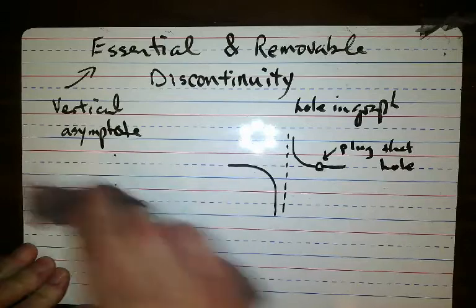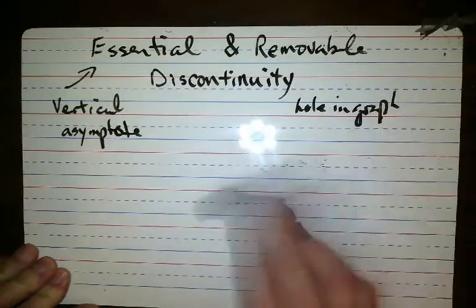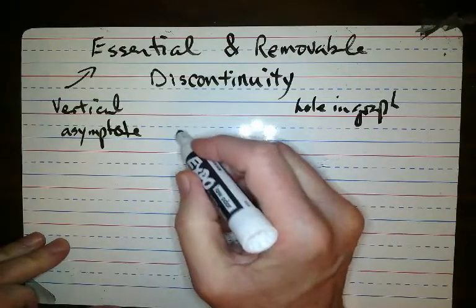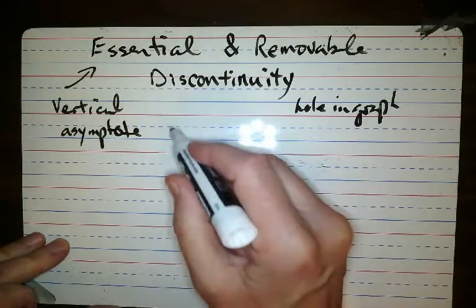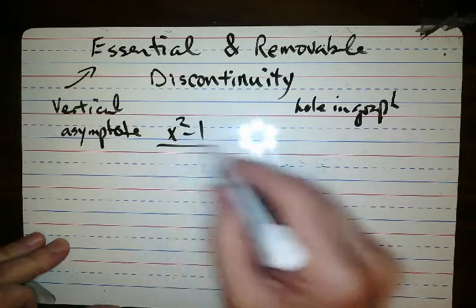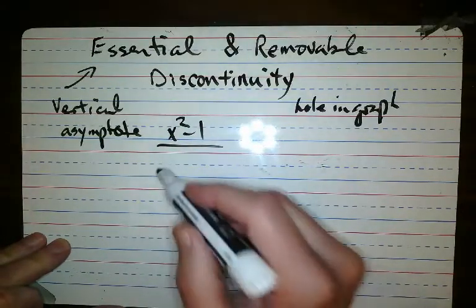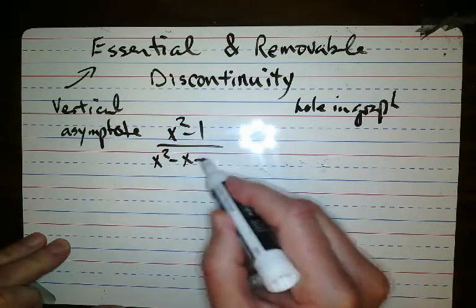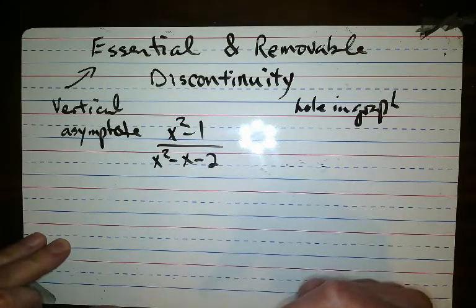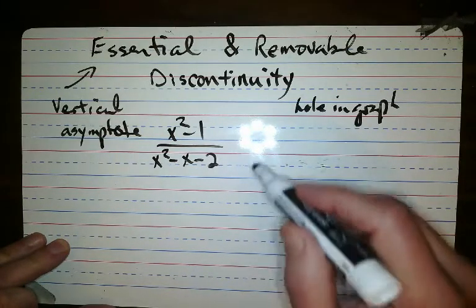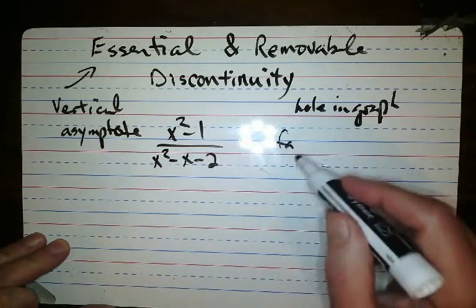First example. How about this one? Let's see. x squared minus 1 divided by x squared minus x minus 2. Woohoo! So, what's the first step? Well, the first step, we need to factor.